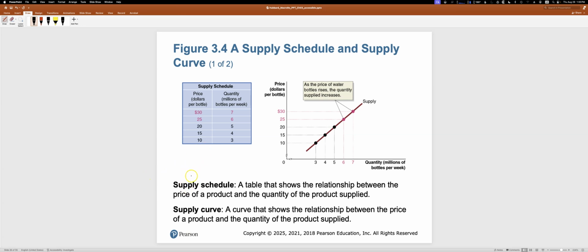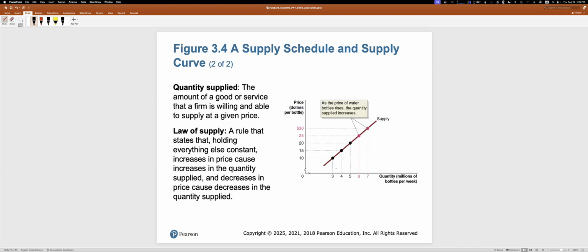We could have a supply schedule where we talk about the various prices and how much quantity would be provided, and we could graph that out. We'd see that as the price goes up, companies are willing to supply more.